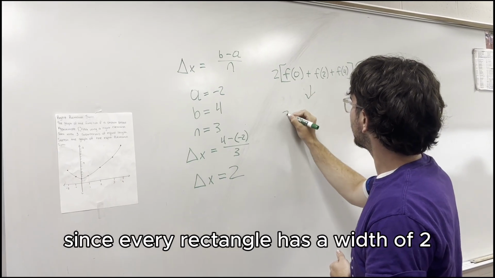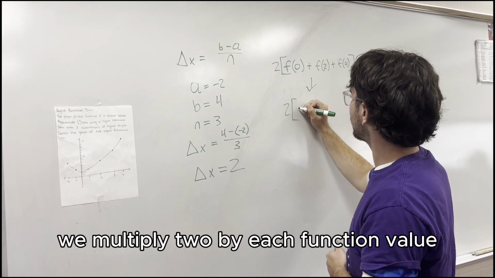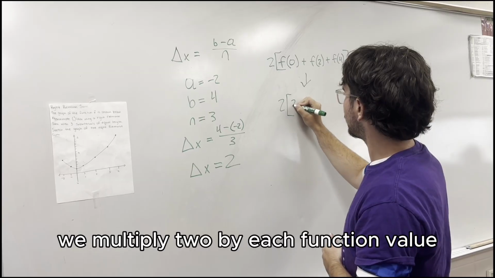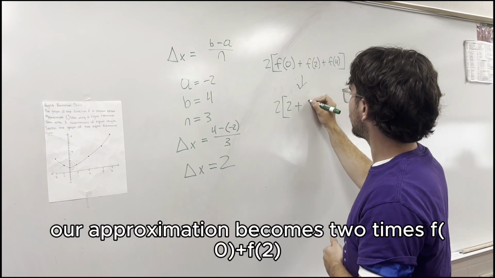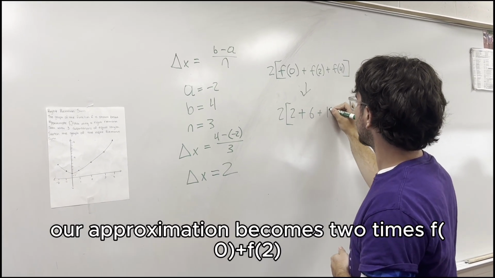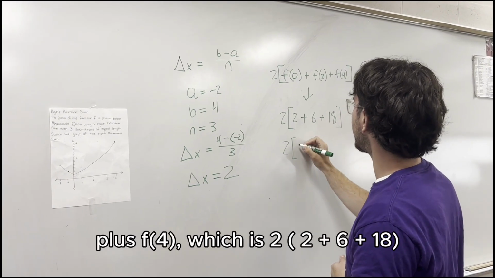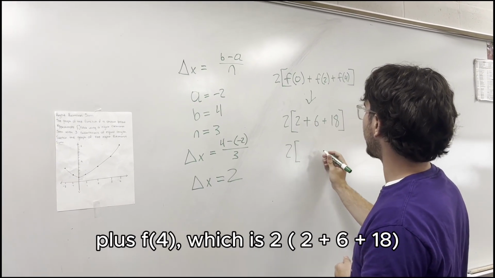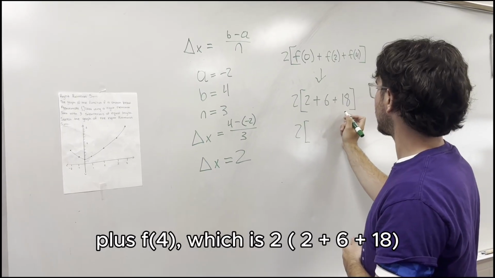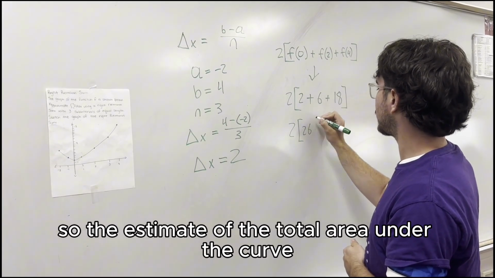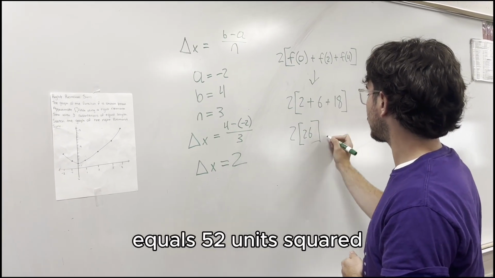Since every rectangle has a width of 2, we multiply 2 by each function value and add them together. So our approximation becomes 2 times (f of 0 plus f of 2 plus f of 4), which is 2 times (2 plus 6 plus 18). So the estimate of the total area under the curve equals 52 units squared.